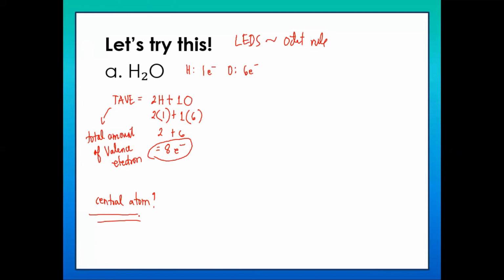The central atom has the lowest number of subscript, or is the atom that can form the most bonds. Among hydrogen and oxygen, which one has the lowest number of atoms? Observe that oxygen is 1 compared to hydrogen.